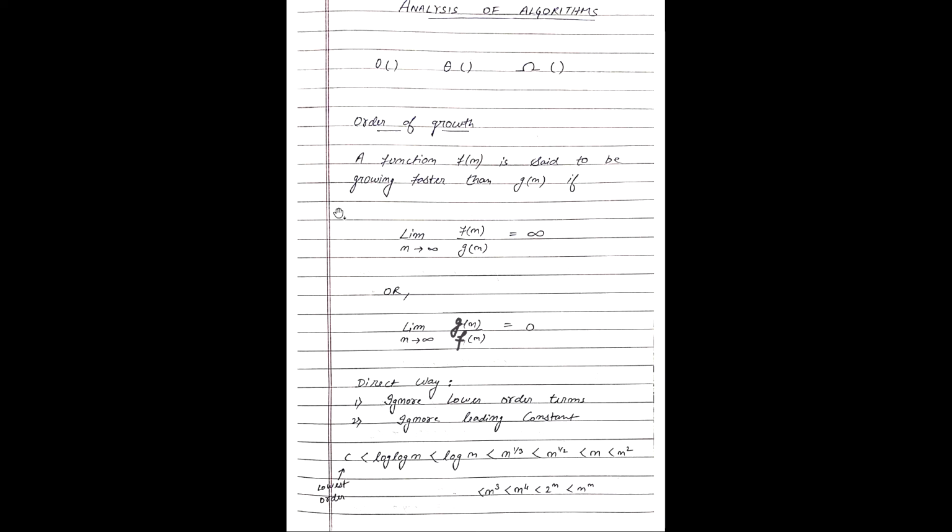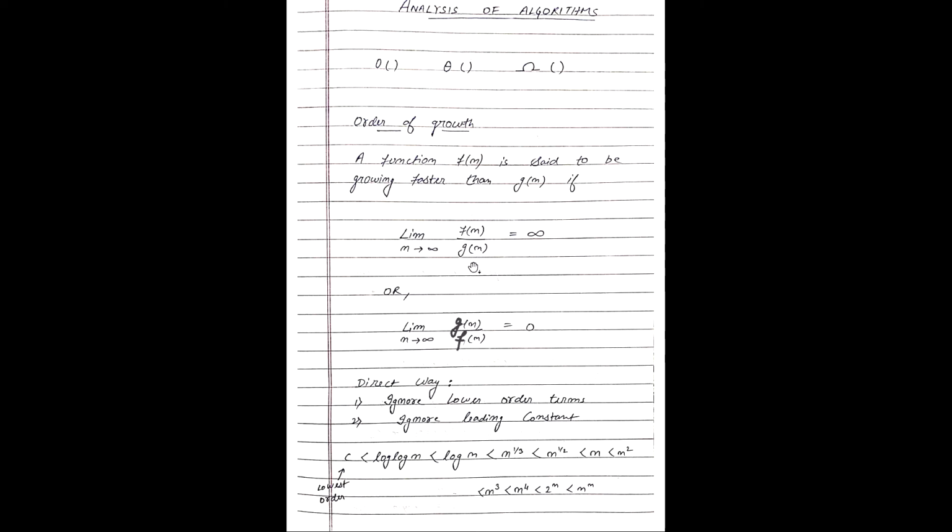Simply, I would say function f is said to be greater than g. That is, the rate of function f(n) is always greater than g(n) if the limit of n tending to infinity of the expression is infinity, because f(n) is very high and g(n) is very low.